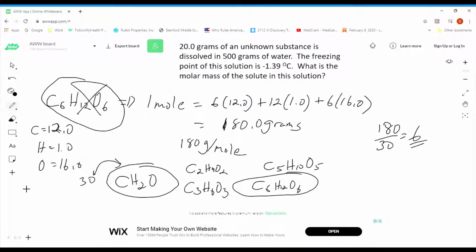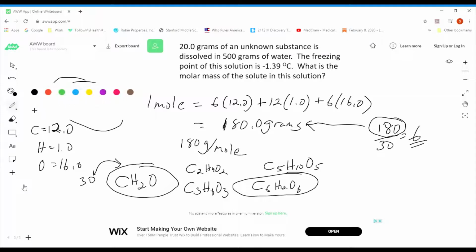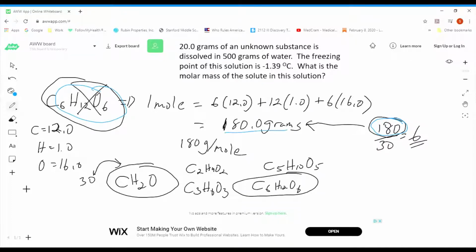So you needed this molar mass in order to do this problem. But how are you going to get it if you didn't know what the formula was? To get this number, you needed to know the formula, right? How many carbons, hydrogens, and oxygens.